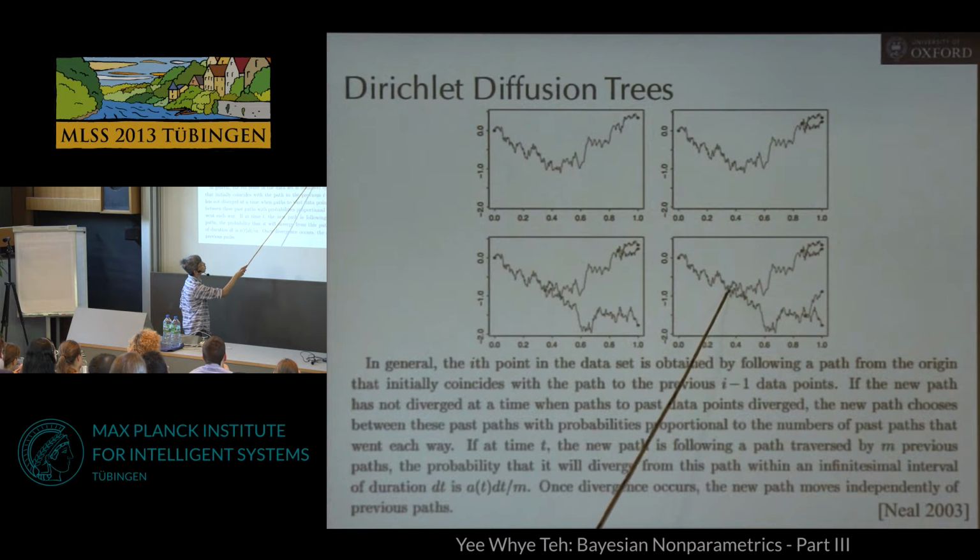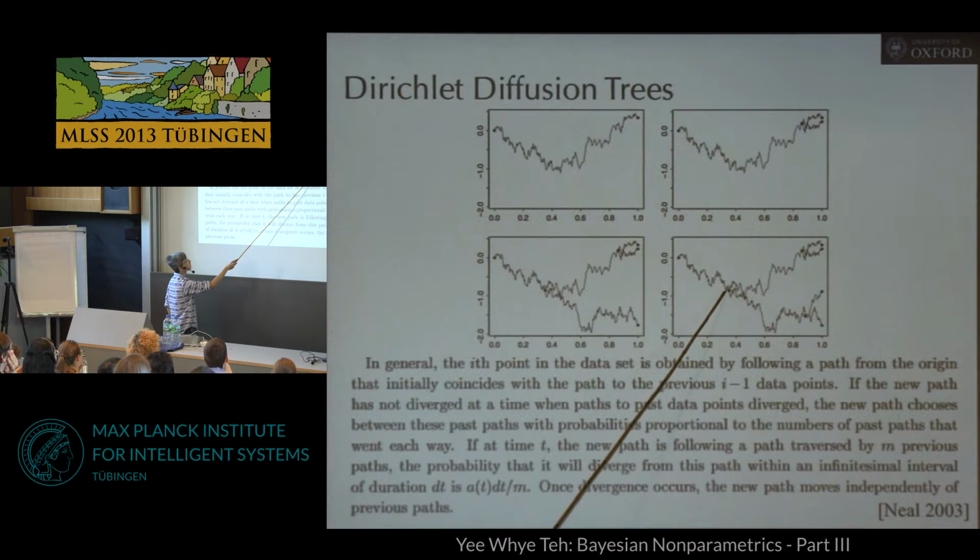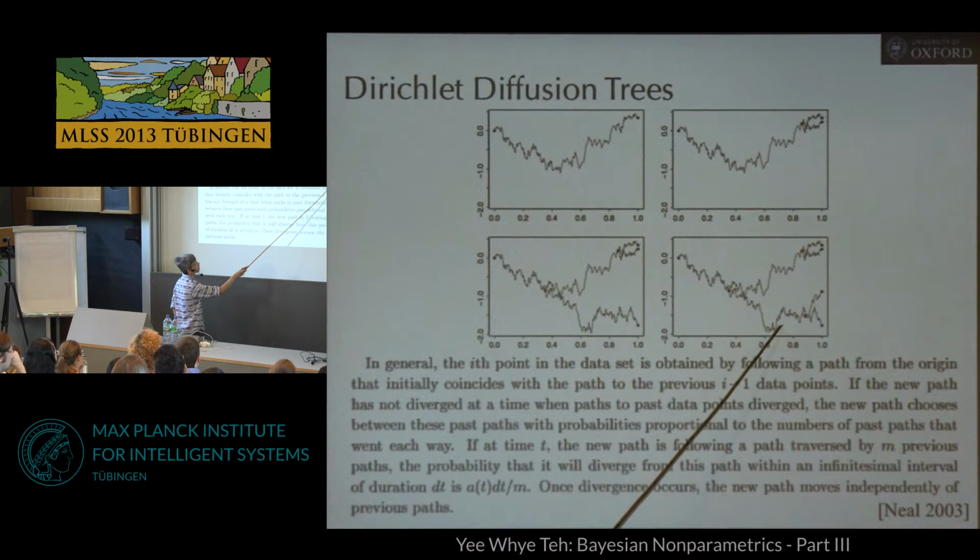At this point, we have two particles going up that way and one particle going down that way. So particle 4 is going to decide with probability 2/3 to follow that path, and with probability 1/3 to go down this path. Okay? And in this case, it decides to follow particle 3 down this path, and at some point it's also going to decide to split and then go down its own path.